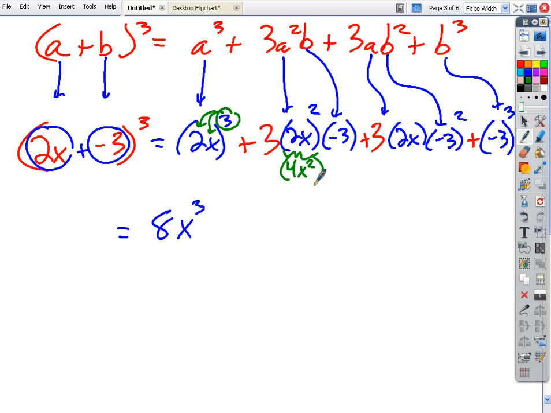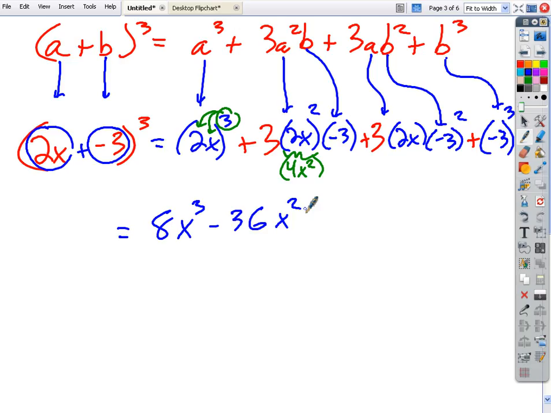So I get 3 times 4x squared times -3. So the numbers are 3 times 4 times -3. So how about -9 times 4? What's that? -36. And then I get x squared. What about over here? I get 3 times 2x times -3 squared.